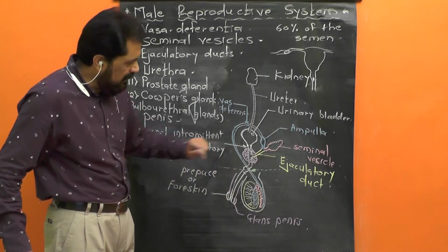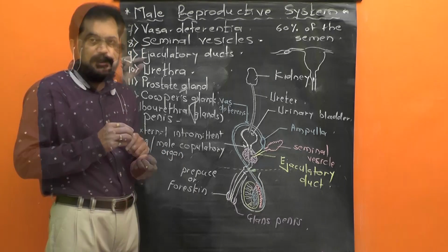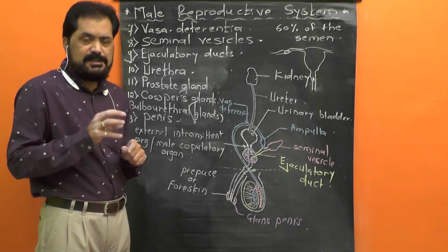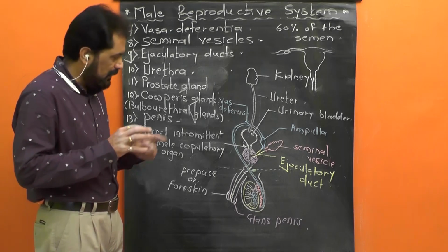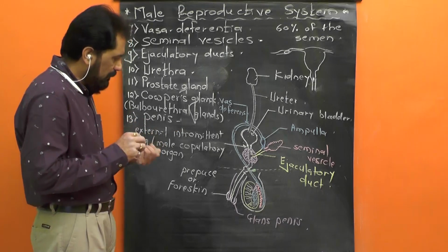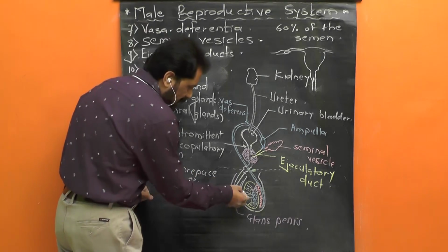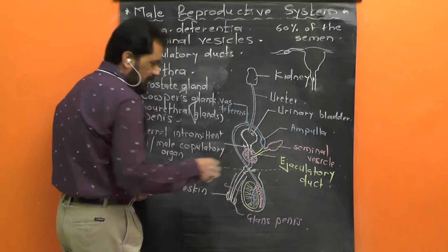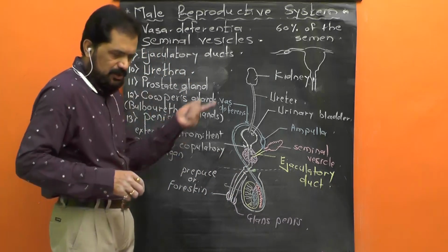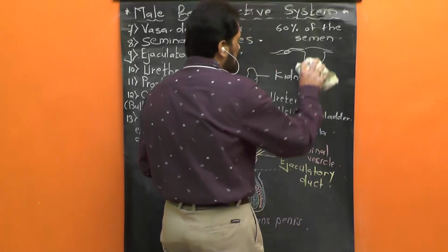Actually, the penis consists of 3 longitudinal masses of spongy tissue. Let me explain. Suppose we study the transverse section of the penis, here I am going to draw a diagram.